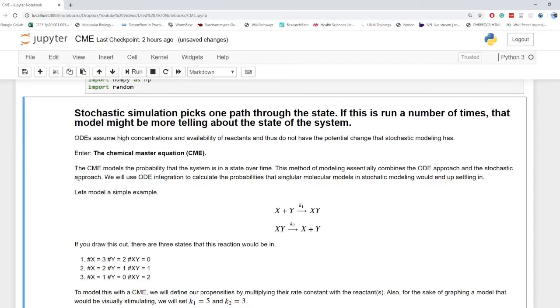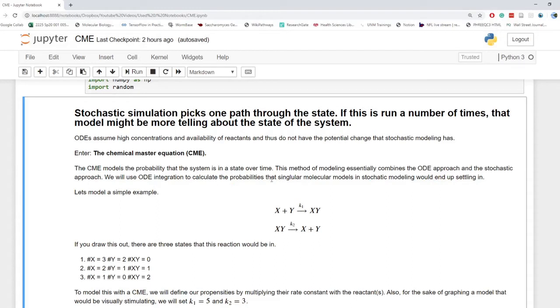The CME models the probability that the system is in a certain state over time. This method of modeling essentially combines the ODE approach and the stochastic approach. We will use ODE integration to calculate the probabilities that singular molecular models in stochastic modeling would end up settling in.